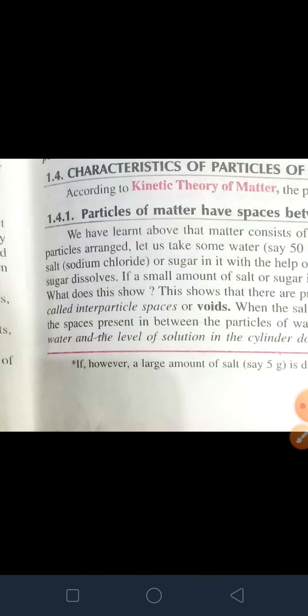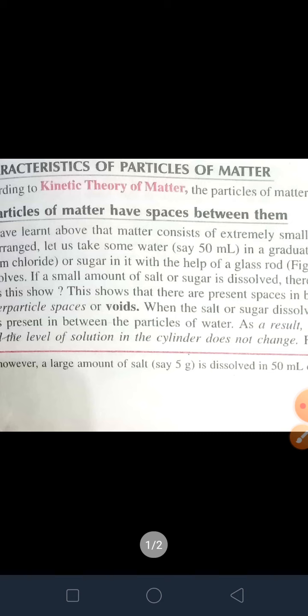So let us discuss the first property of particles of matter, that is, particles of matter have space between them. How can we demonstrate that the particles of matter have space between them?